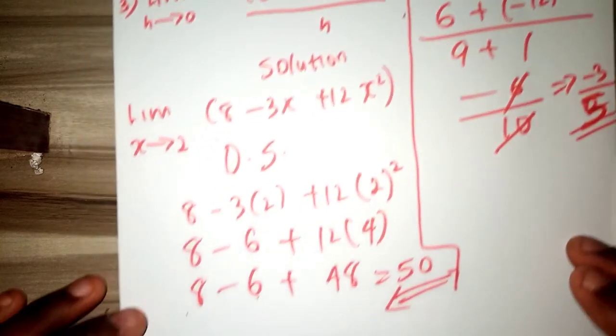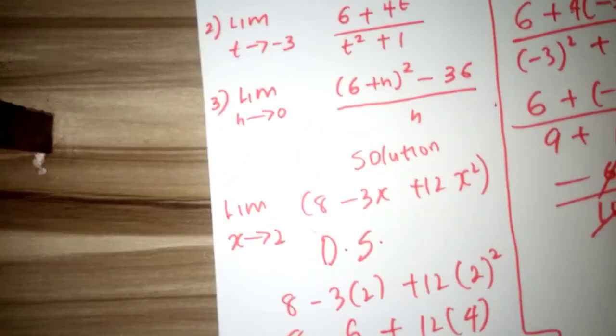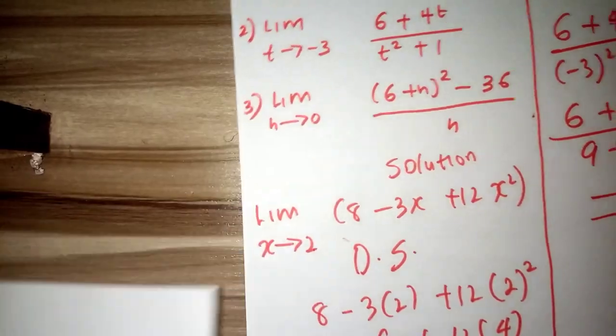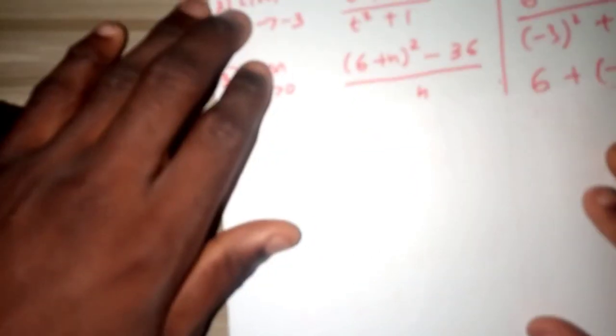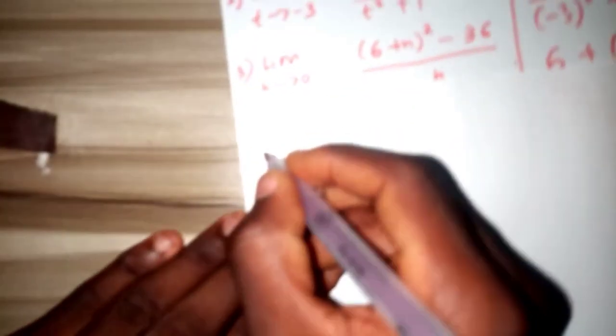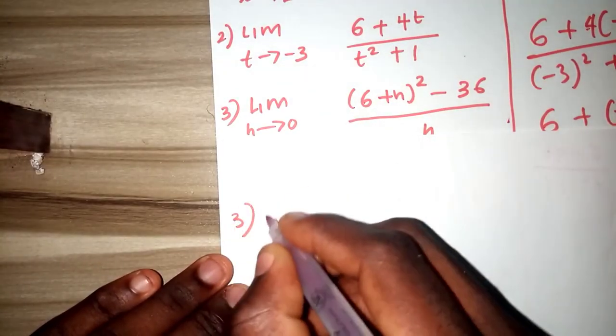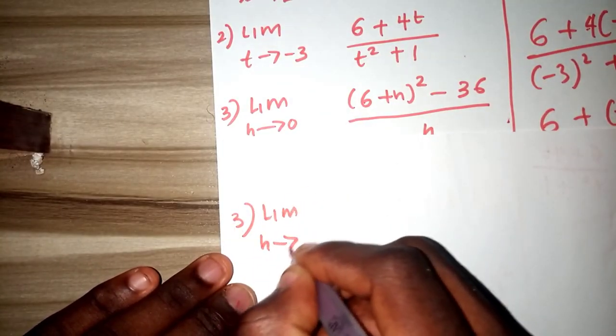Now let's try the third one. Limit h approaches 0 of 6 plus h all squared minus 36 over h.